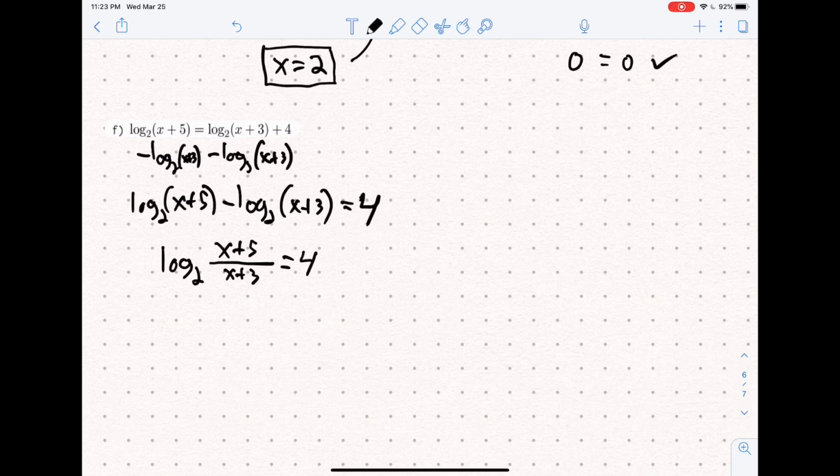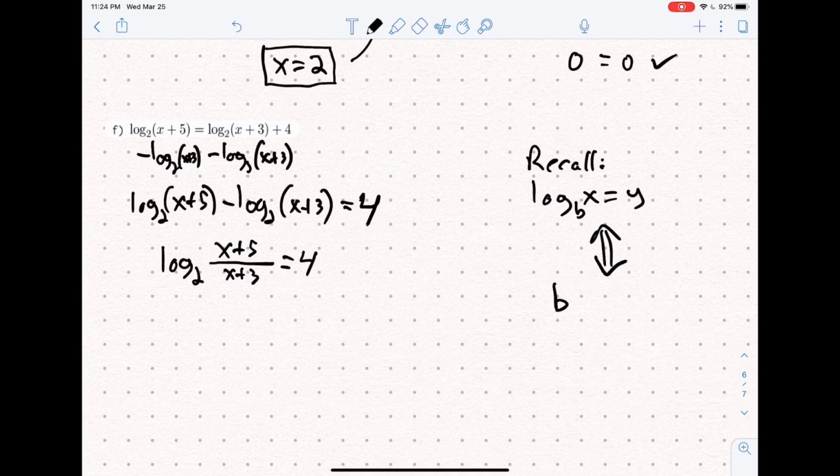Okay, we're getting closer. The thing that we have to remember now, because what we have is just log of something equal to a number, is that in order to untangle this, one way we can do it is by rearranging this log, rewriting it as an exponent. If you remember how that rule went, so this is like a recall: the log in base b of x equals y is the same as, well, we flip it around, we get b to a power.